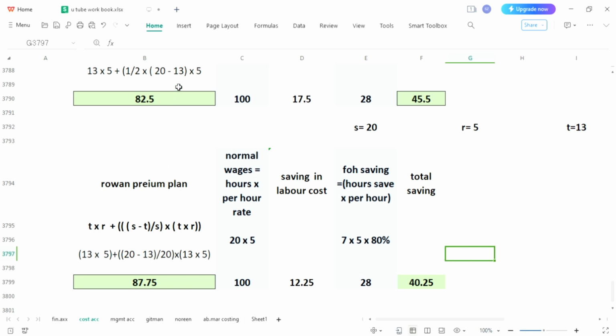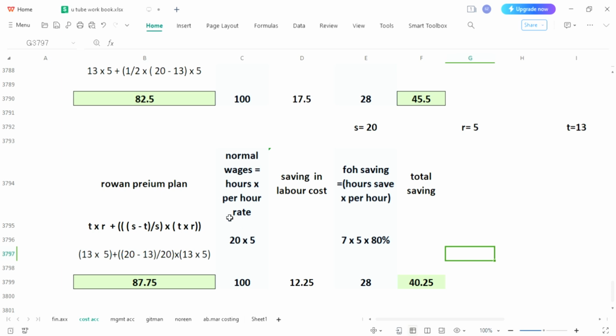So if you are a worker, always insist on the Rowan plan. You must not be following the Halsey premium plan. And second thing is, instead of following formulas, a labor worker should insist on the normal rate.